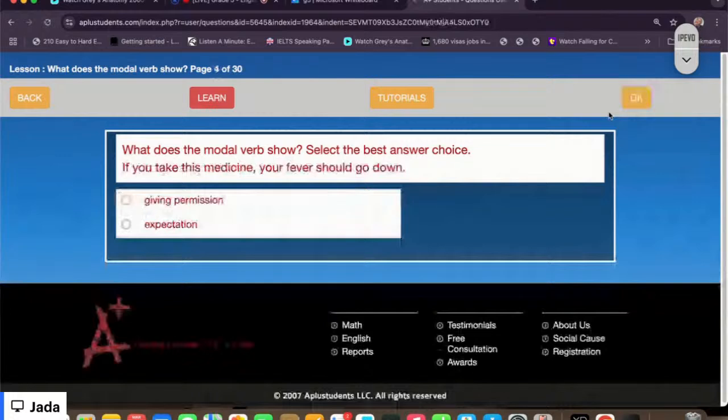If you take this medicine, your fever should go down. Giving permission or expectation? What do you think?